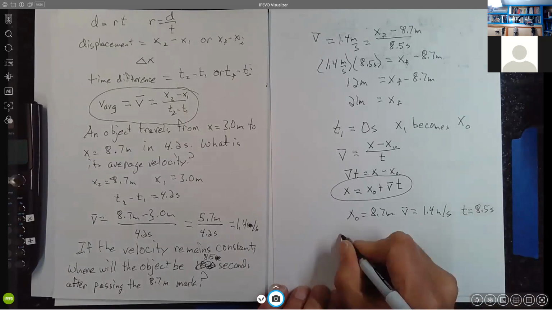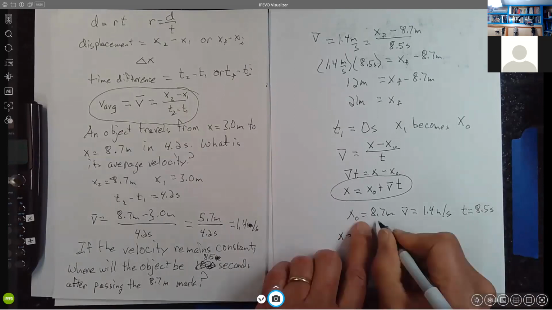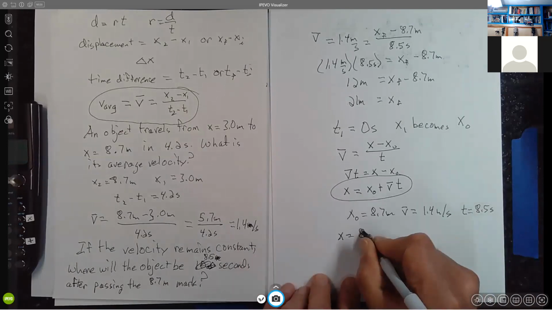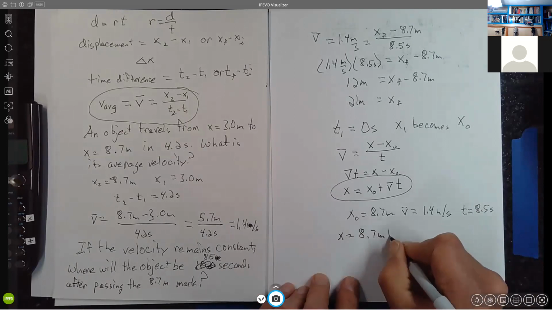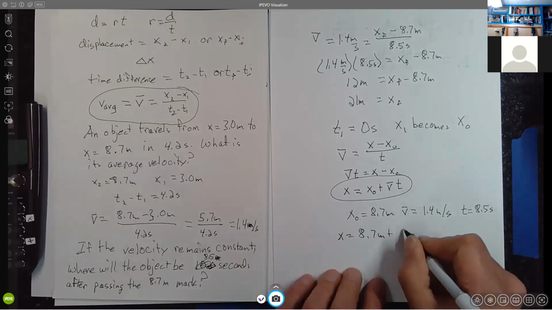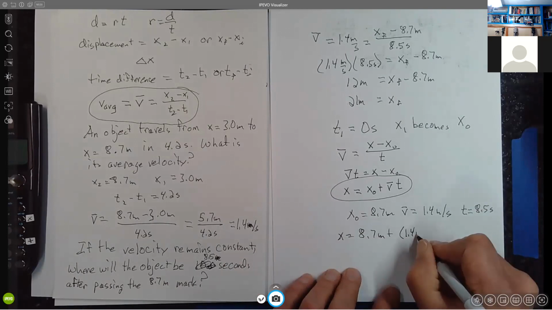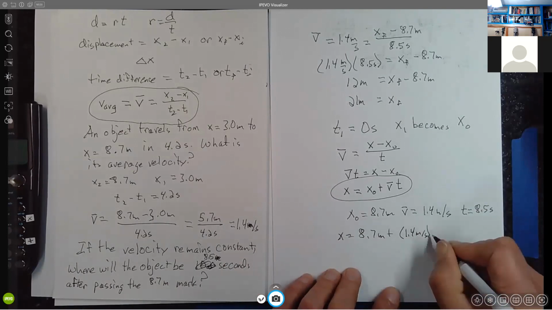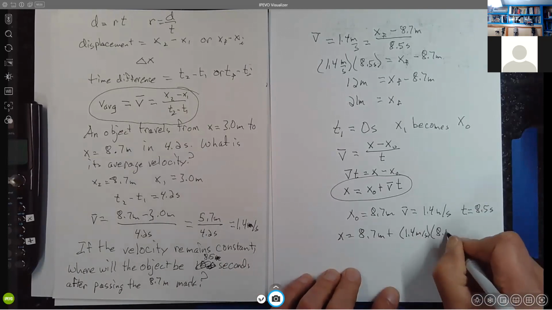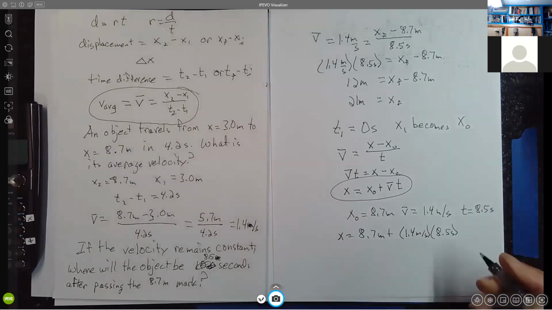And so then where it's going to end up is where it started from, plus v bar, 1.4 meters per second, times 8.5 seconds. And so there, that's not a bad calculation.